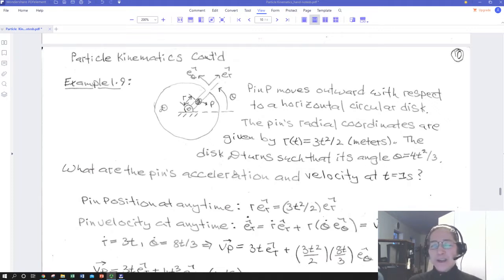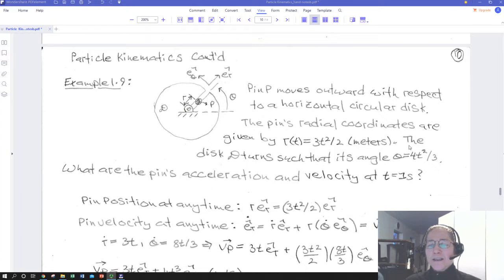So the minute we have acceleration, we can go back to force through Newton's second law. And once we have forces, we can start looking at stresses and material properties and designing parts. So kinematics, motion, will eventually lead to the things that create the motion or keep the motion from happening. So that's a little bit of practical context.